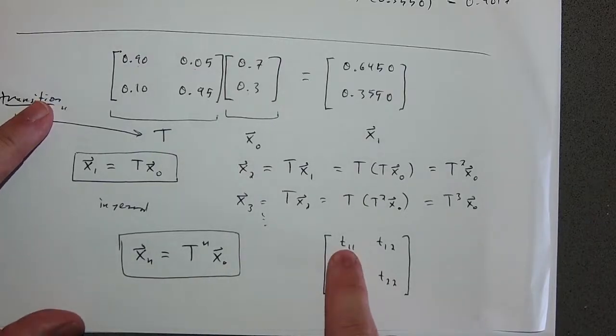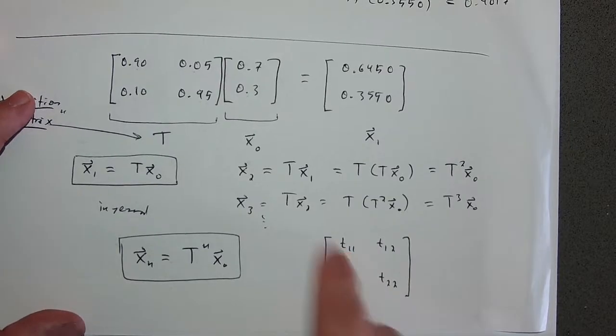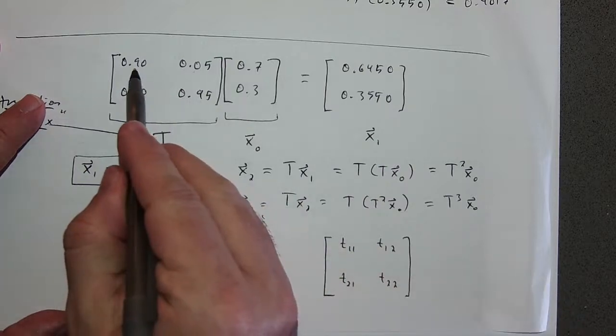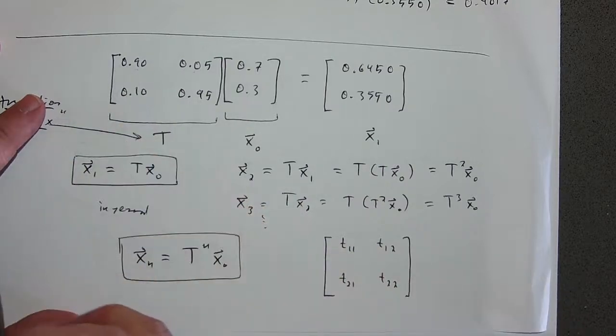It means the amount of people that moved from state 1 to state 1, which is to say it's the amount of people that remained in state 1. This entry is the amount of people that moved from state 1 to state 2.